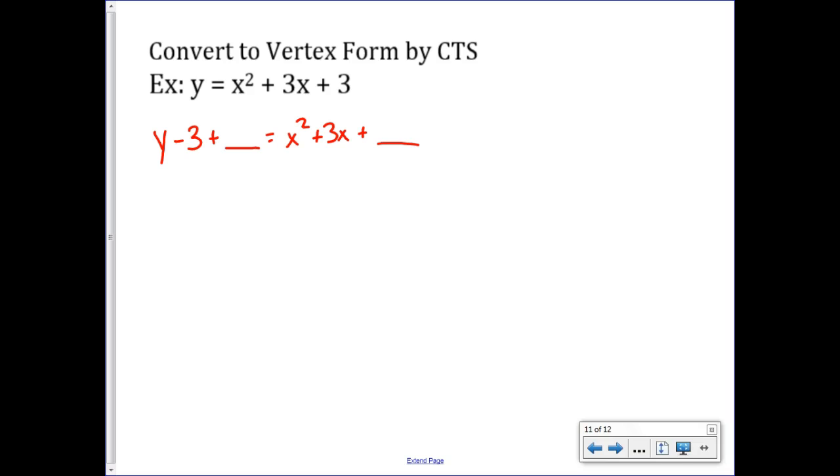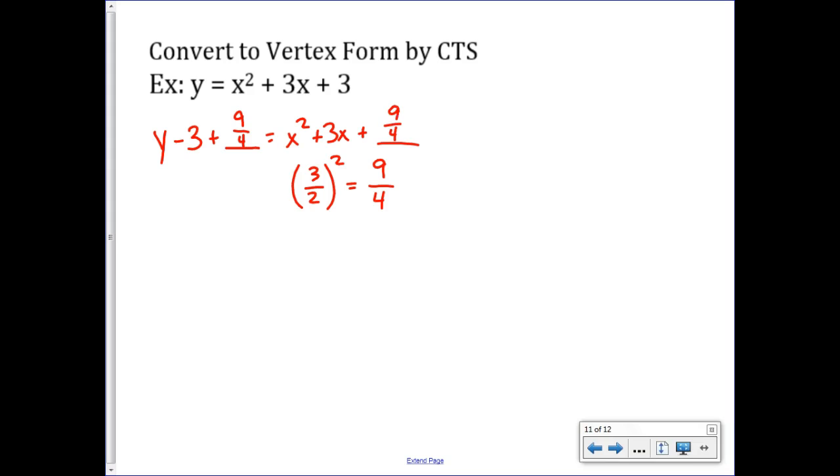So then here I have 3 over 2 quantity squared. So 3 over 2 squared is 9 over 4. So over here I'm adding 9 over 4, and over here I'm adding 9 over 4.